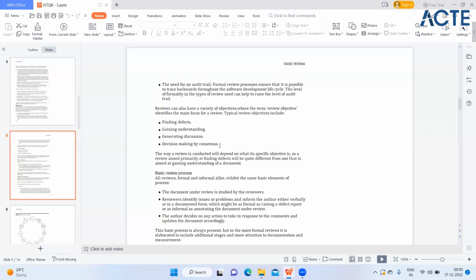So whenever we are conducting a review meeting, what is the purpose of that? Firstly, we are understanding the project and the requirement. So this is gaining understanding. Now, we are finding defects at the document level.